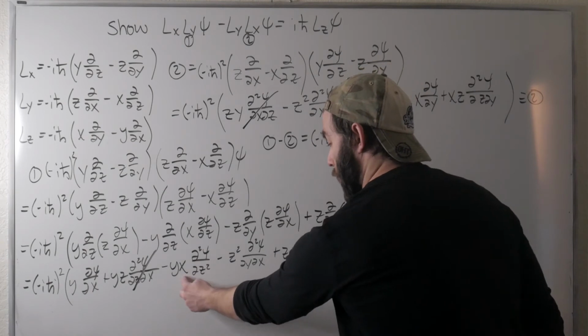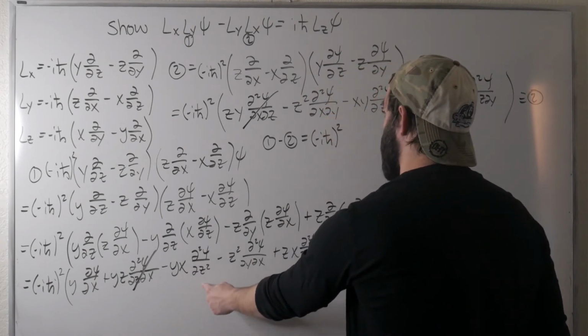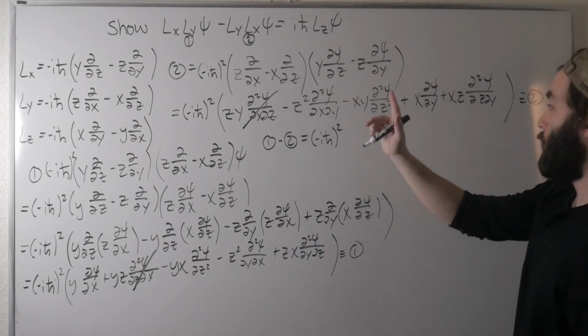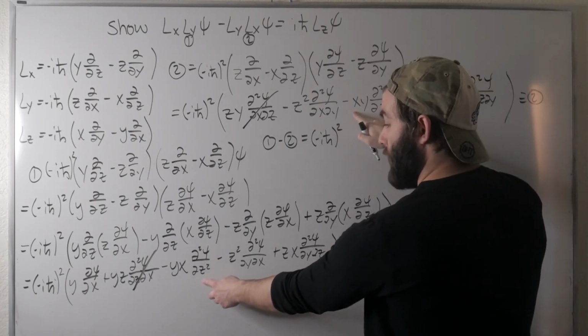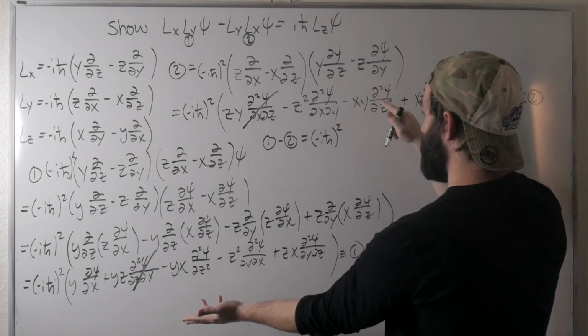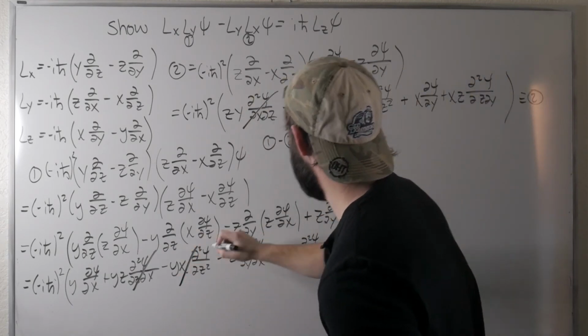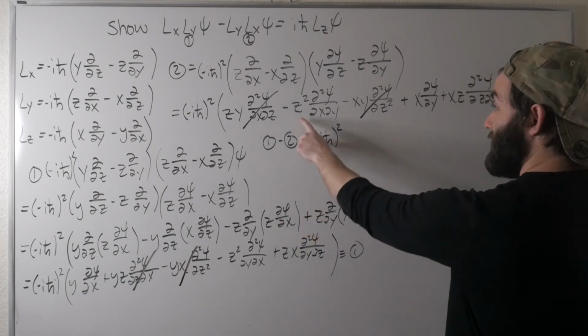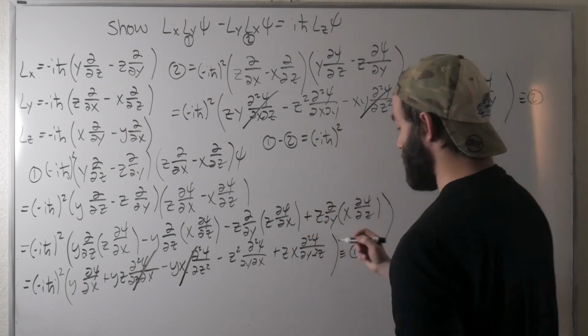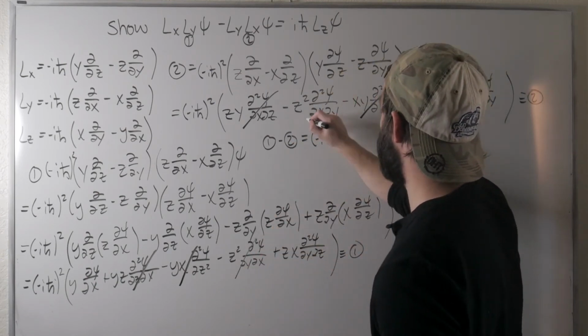Next, yx dz squared, yx dz squared. Now these carry the same sign, so when we take the difference, they cancel again. Z squared dy dx, z squared dy dx, same sign, so they cancel when we take the difference.